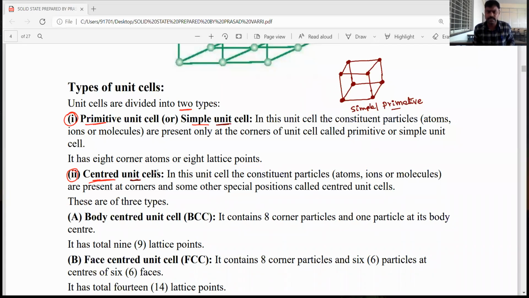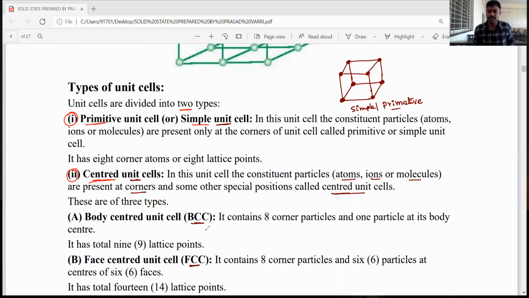Centered unit cell means the constituent particles like atoms, ions or molecules are present at the corners and some other positions of the unit cell. Centered unit cells are again divided into three types: body centered unit cell, face centered unit cell, and end centered unit cell.